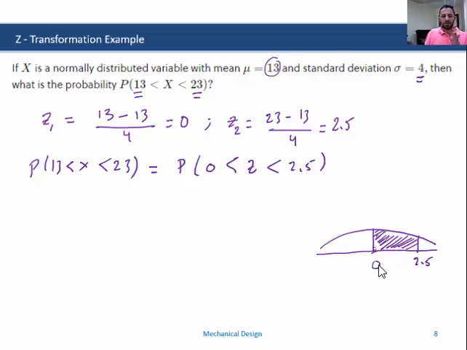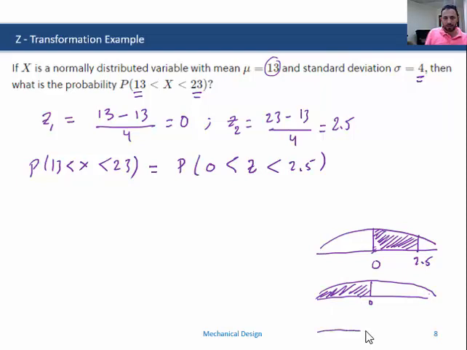And the table provides us only the area for z less than 0 and z less than 2.5.